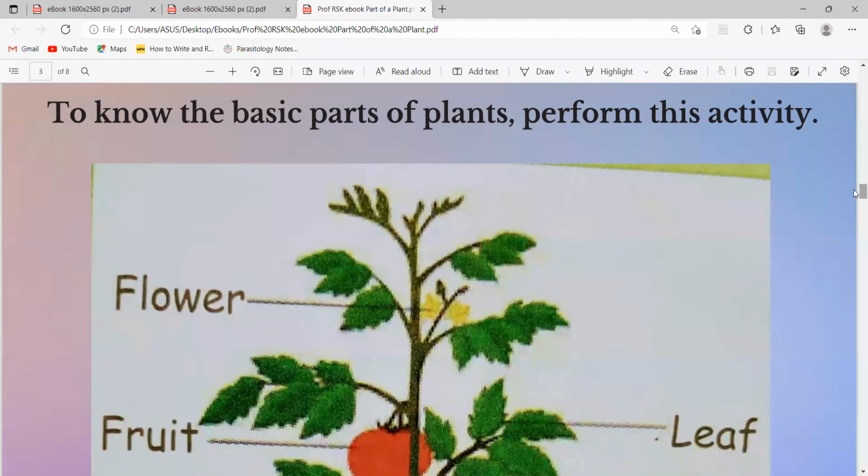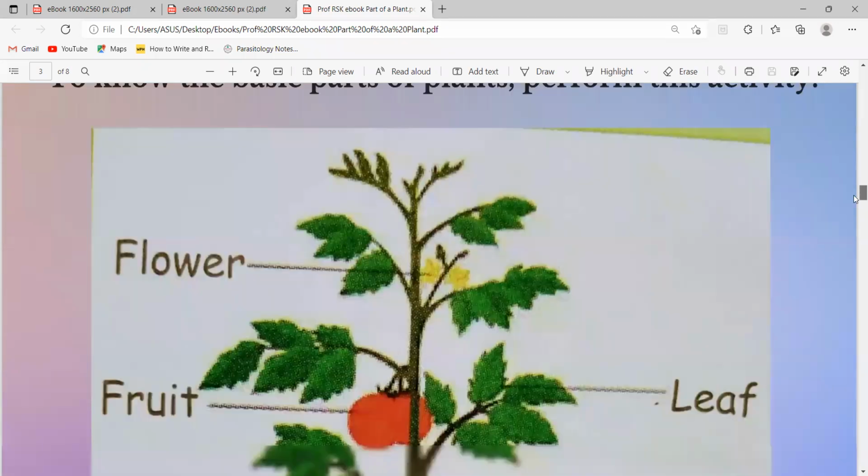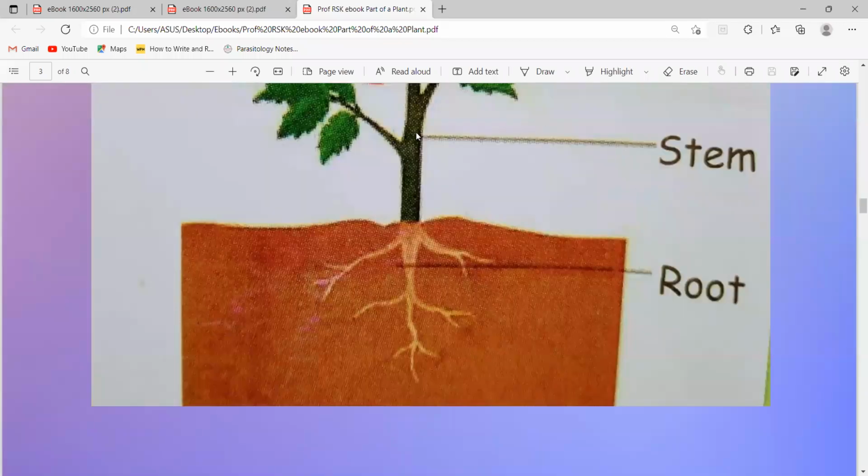If you don't have a garden, I want you to visit maybe a place where you can find a plant, uproot one plant, identify the flowers, identify the fruits, identify the leaves, identify the stems, and then also point out the roots.